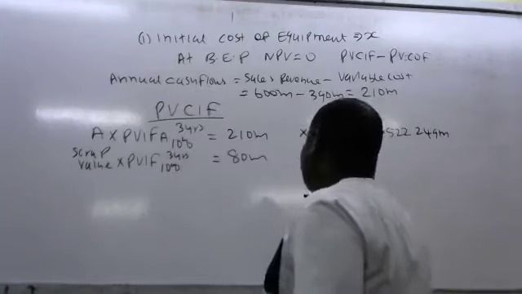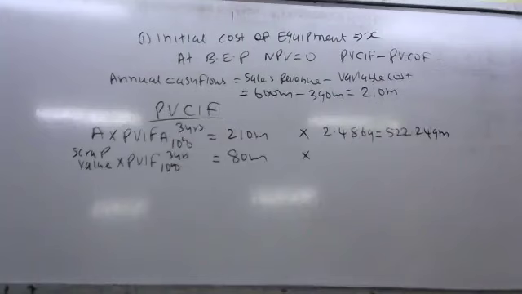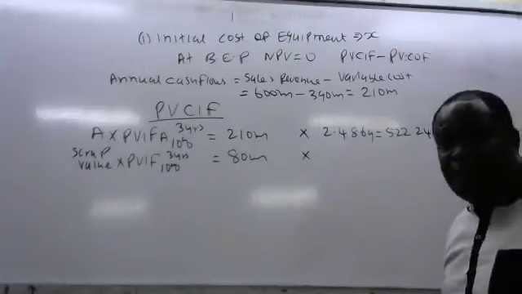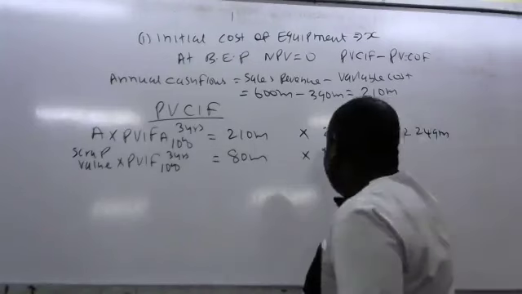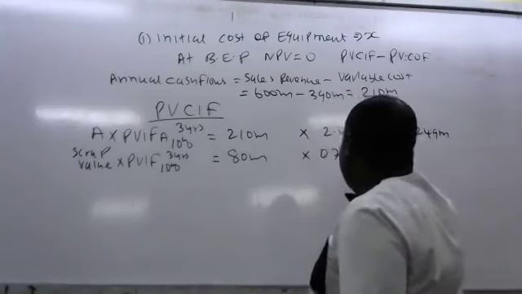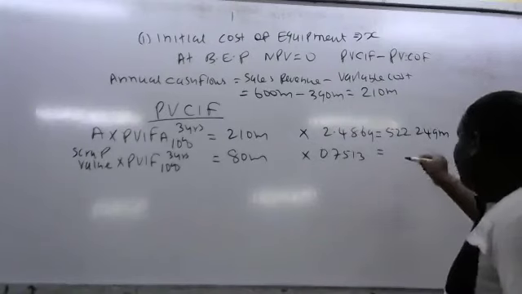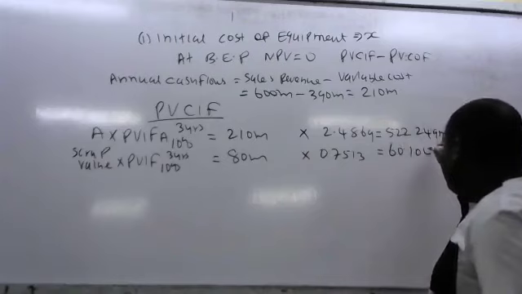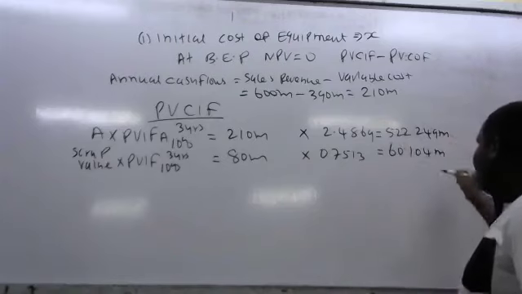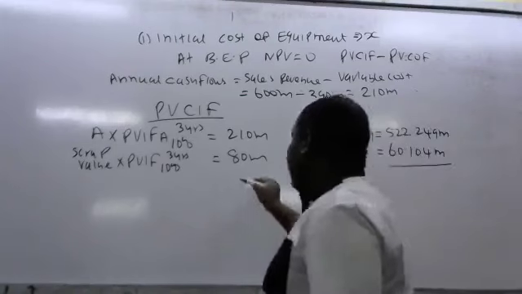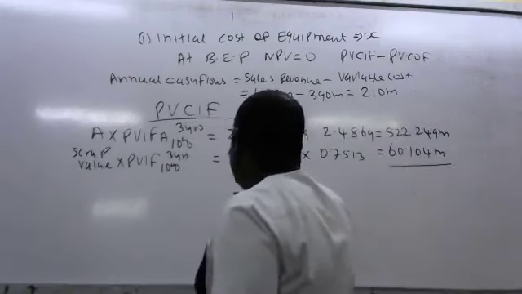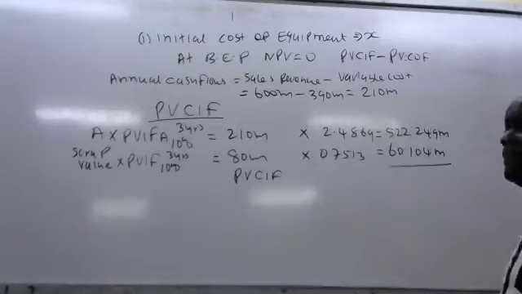So we apply the first table: what is 10% in year 3? When we multiply, it gives 60.104 millions. When you add them together, you get the present value of the cash inflows.